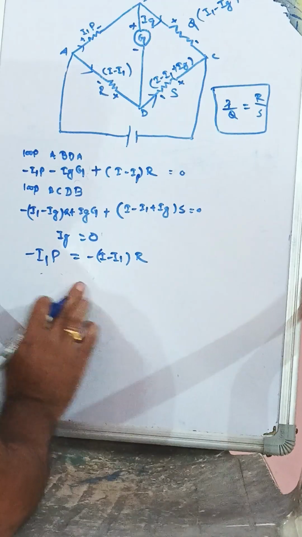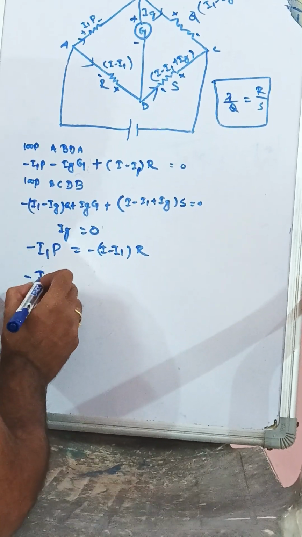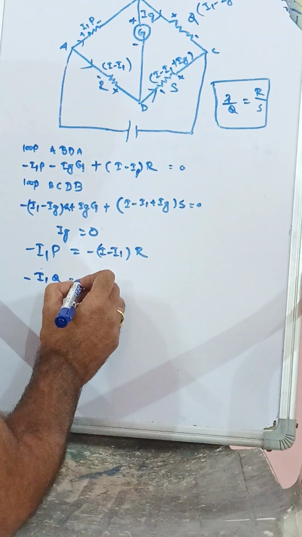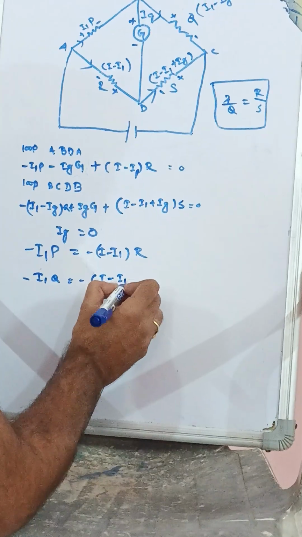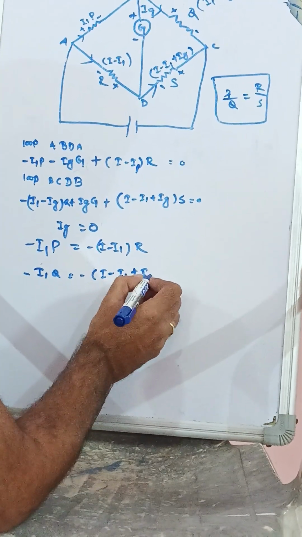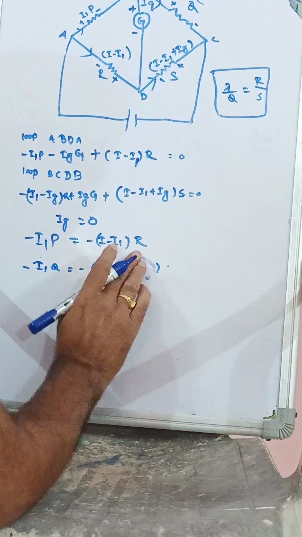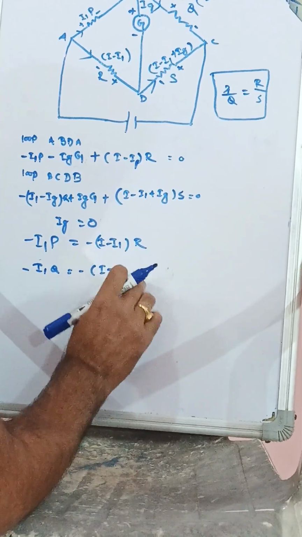Minus I1 Q is equal to minus (I minus I1 plus Ig) S. Ig is equal to 0, so it is not required to write Ig.